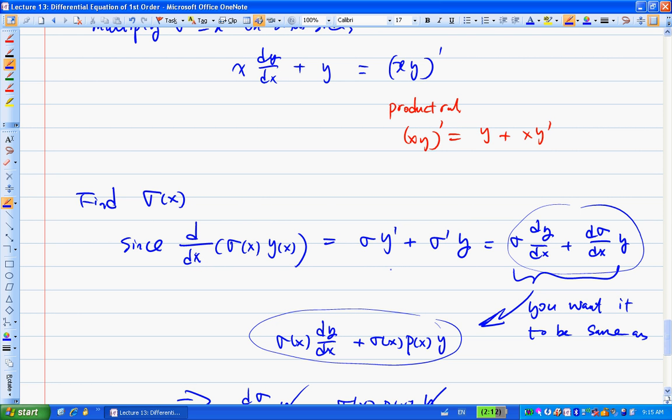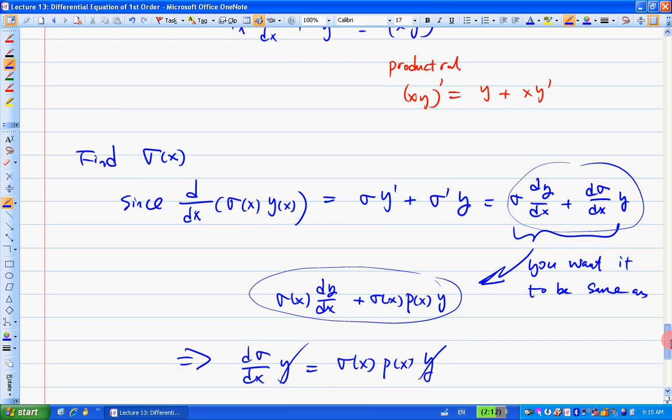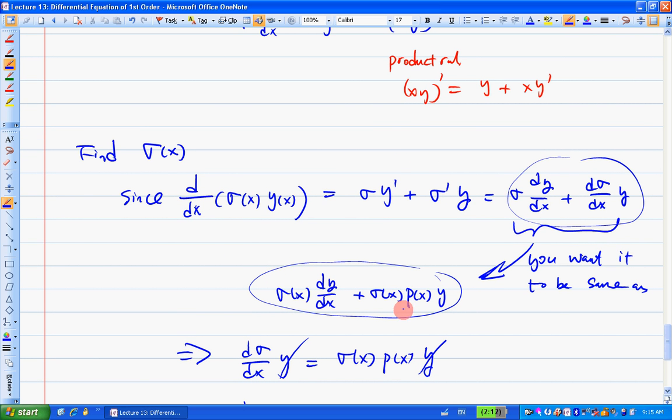Product rule. And what do you want? You want this to be this. In other words, you want this to be the same as this. So you want to find a sigma of x such that this is the same as this, and it just happens conveniently that the first term here is the same as this first term. So then the second term has to be the same as the second term right here.